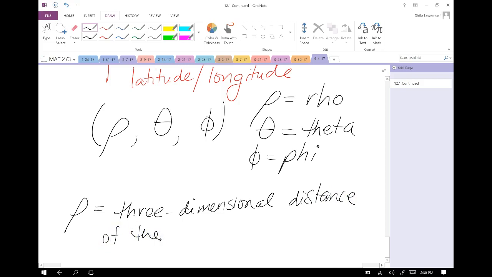So we're going directly from the origin out to our point, straight there, and we want to know what that distance is. It serves the same purpose as the r, except r is two-dimensional in polar, and rho is three-dimensional.